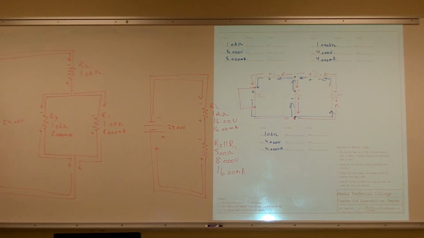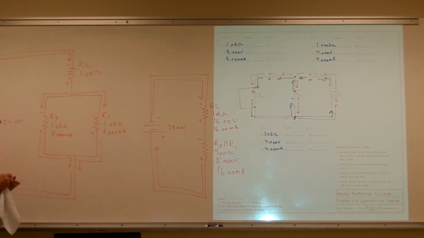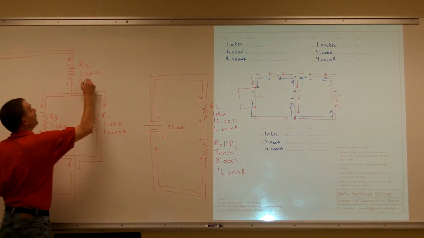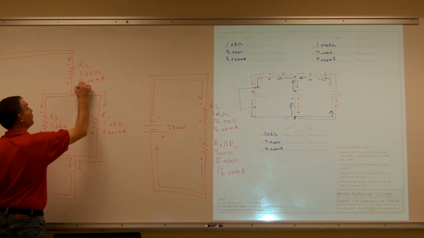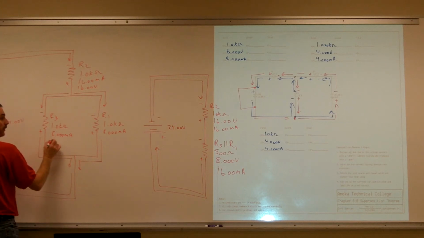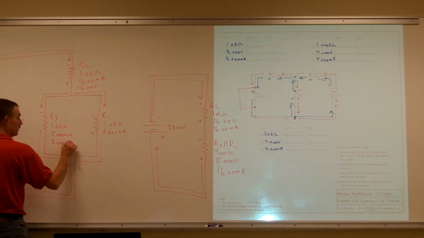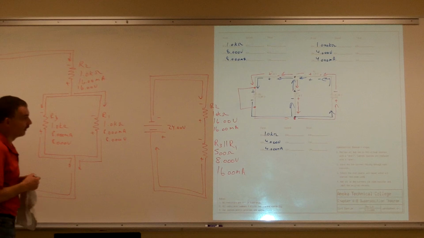Be careful: I might switch up one of the power supplies in one of your circuits, so don't always assume the current goes counterclockwise. We got 16 milliamps here, and a voltage of 16 volts across R2, and we had 8 volts across R3. All right, so now we have all that information.